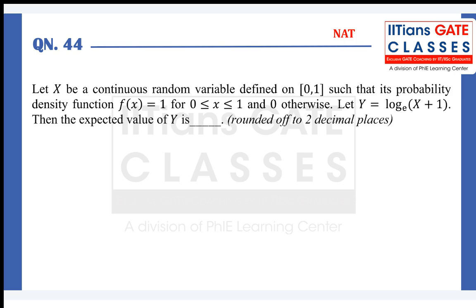And this I think is the final question. So here you have x, which is a continuous random variable defined over 0 to 1 support, such that its probability density function, we usually call it PDF.